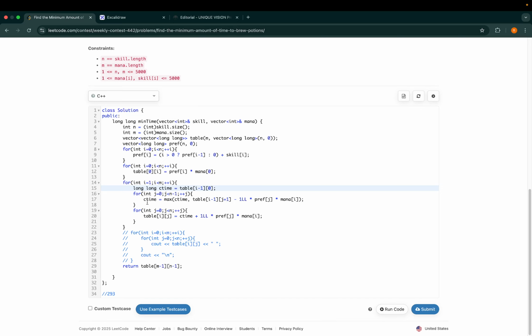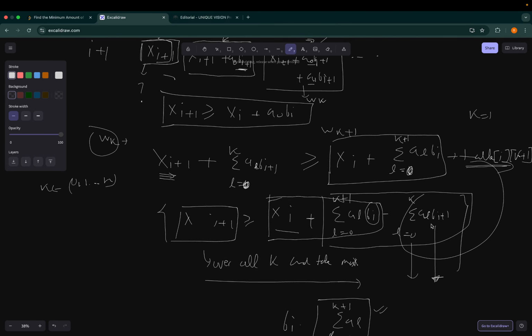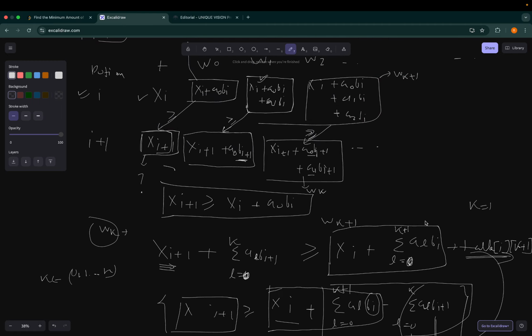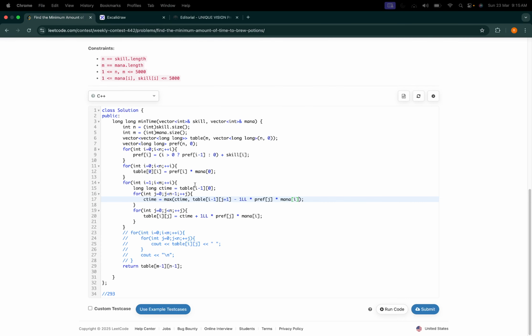And then I'm just taking a max of going to the previous row, but a wizard greater than the current, minus this equation, AL BI plus 1, right? Yeah, so mana of trying to brew the ith portion, and sum of skills of all wizards till jth wizard. So you just take the maximum of these, and then you fill the table of ij, okay?